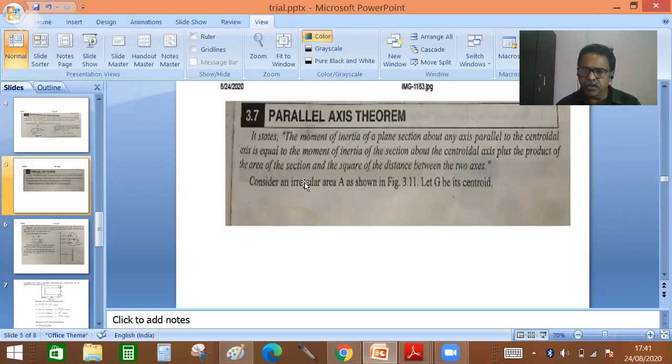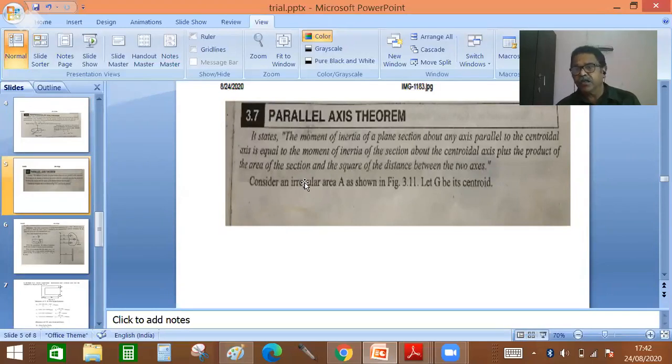So moment of inertia itself is a very important chapter. To calculate moment of inertia throughout your engineering second and third year, there are many structural subjects, SOM 1, SOM 2, design, etc. For all these subjects, you require the parallel axis theorem to calculate moment of inertia of other diagrams.